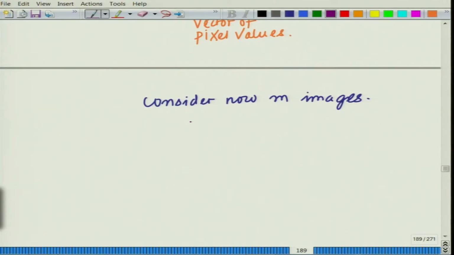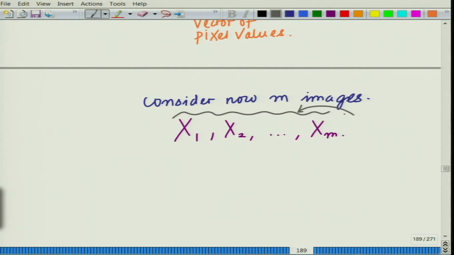Your face image set or facial image set. So you have x1, x2 up to xm, and these are the face images, right. These are your facial images.